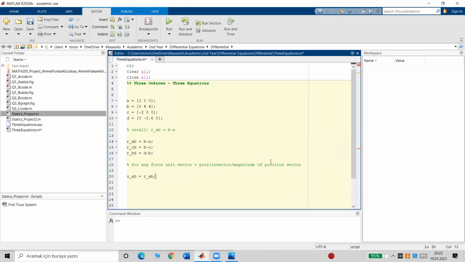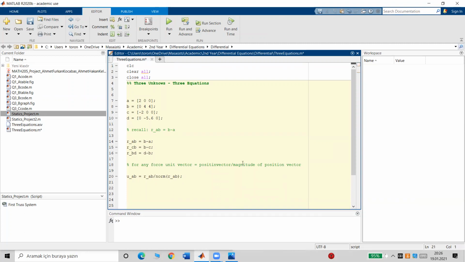For this reason, I want to use a specific function to calculate the magnitude, which is called the norm function. If you use the norm function, you need to plug in the vector that you're trying to find its magnitude. So that's it. Here, actually, it's magnitude of RAB.